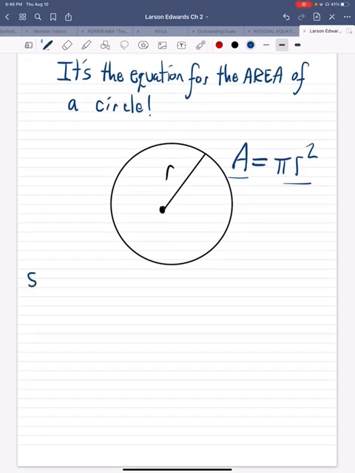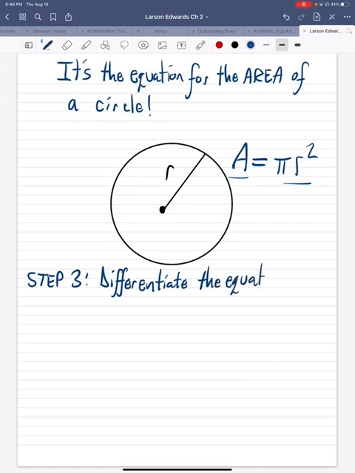So now step 3 is to differentiate the equation relating the variables.